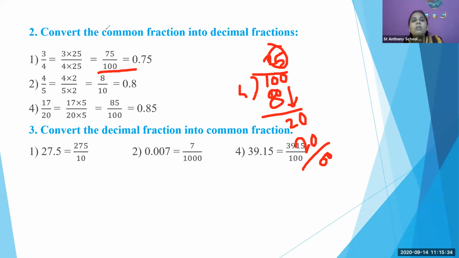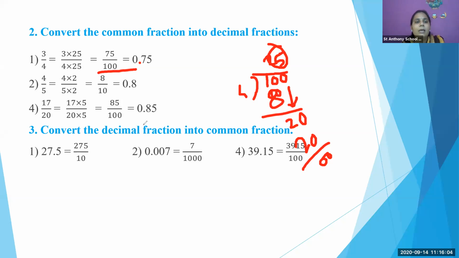So we should easily convert this 75 upon 100 to 0.75 because 2 zeros are there, so 2 digits are there. So before 2 digits, I will put my decimal point, right? Similarly, in this case, 20 into 5 is 100, 17 into 5 is 85. So 0.85 is the answer.